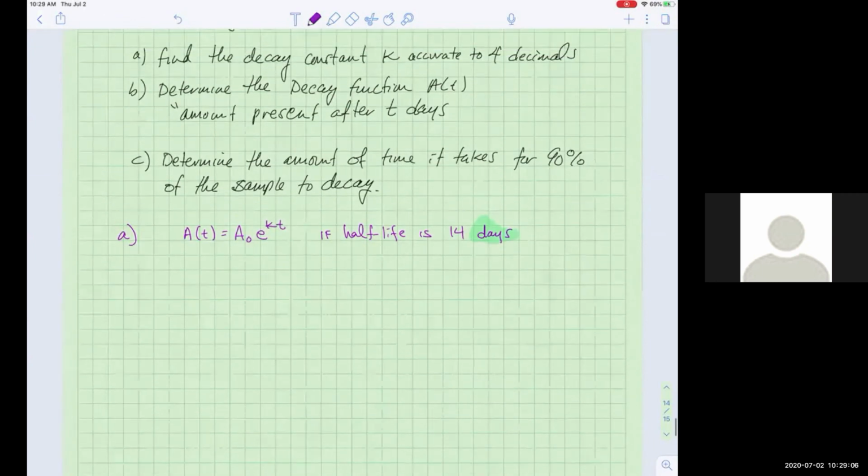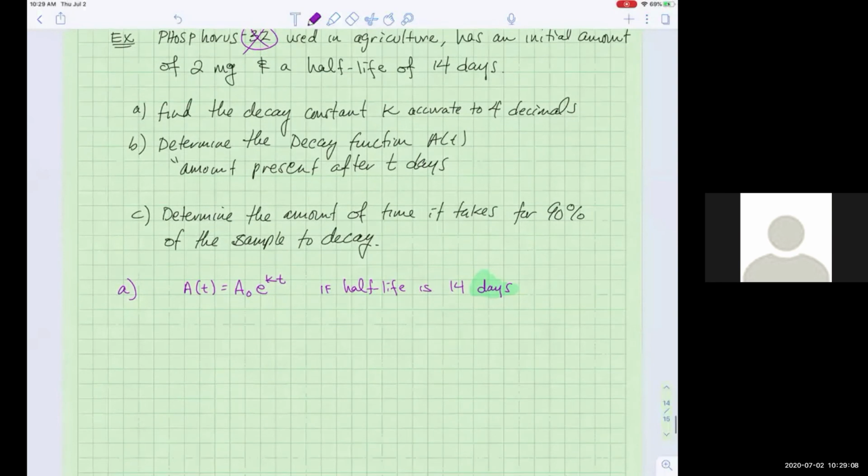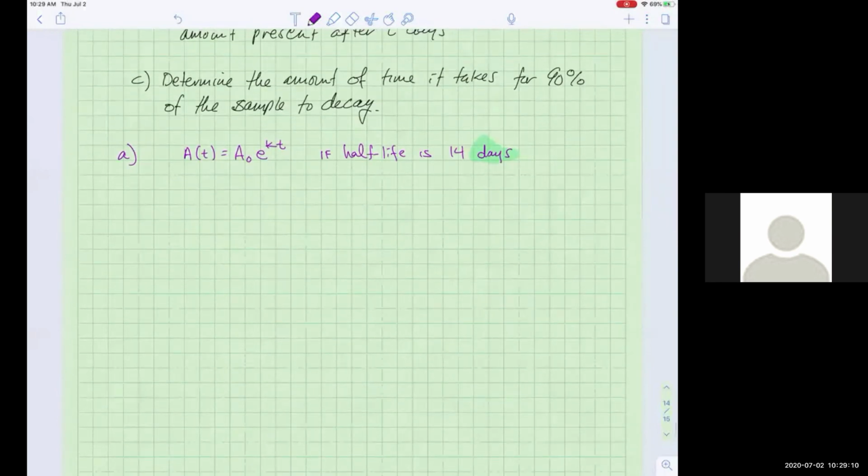Either we can actually plug in the fact that we have 2 milligrams to start with, or if we start with some general amount, A naught, this is the initial amount, we have e to the K times 14 days. And I want to know what the half-life is.